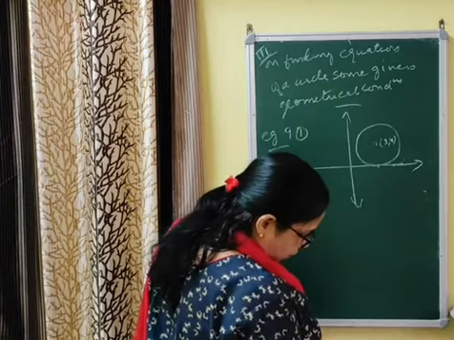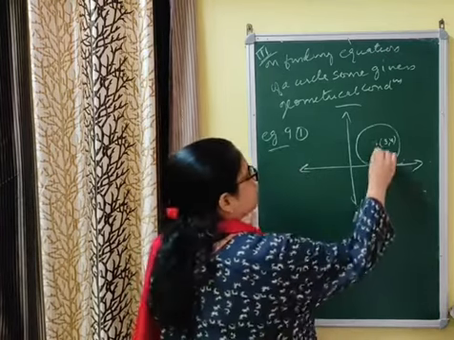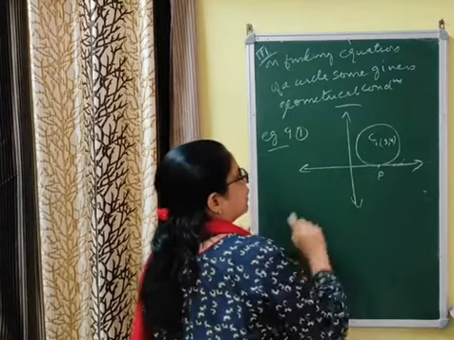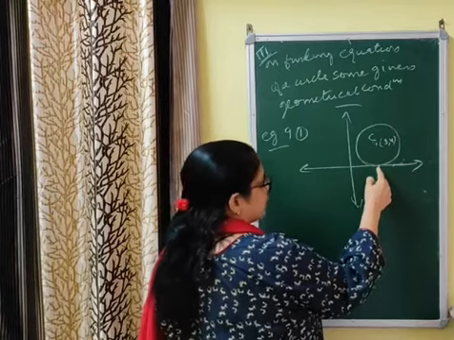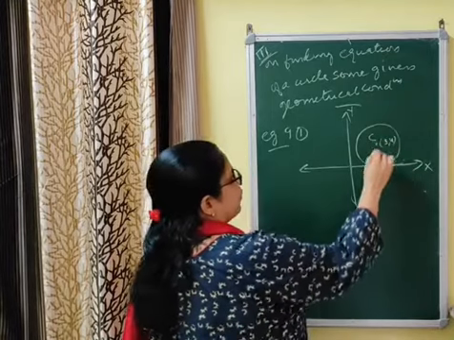Since you know that the center is C and the point of contact with the x-axis is P, you have to find the equation of this circle which touches the x-axis and passes through C (3, 4).